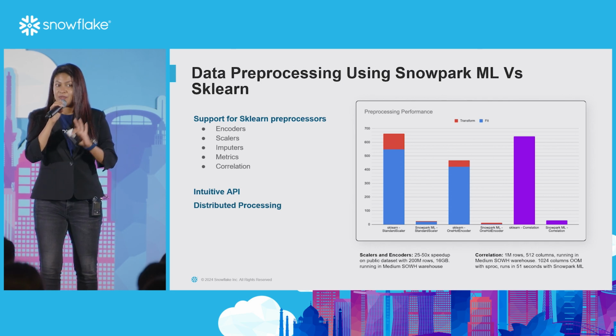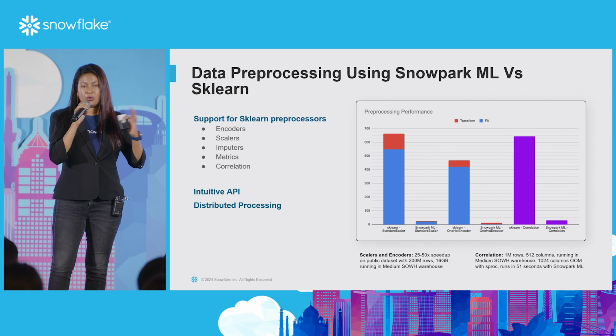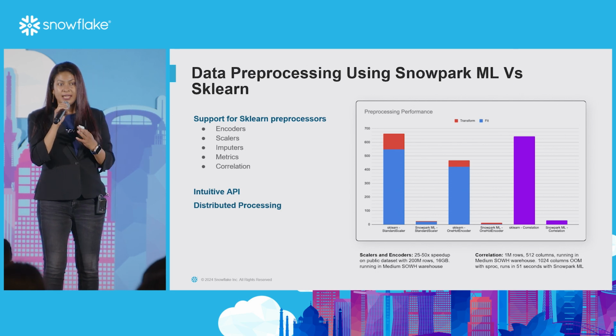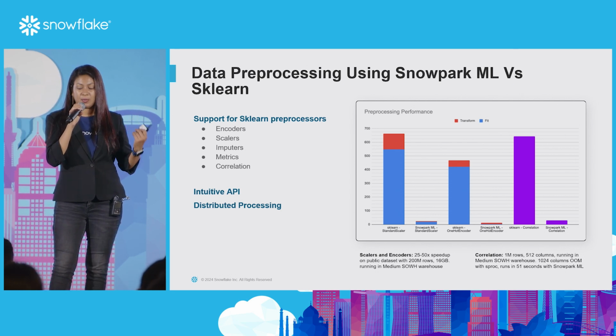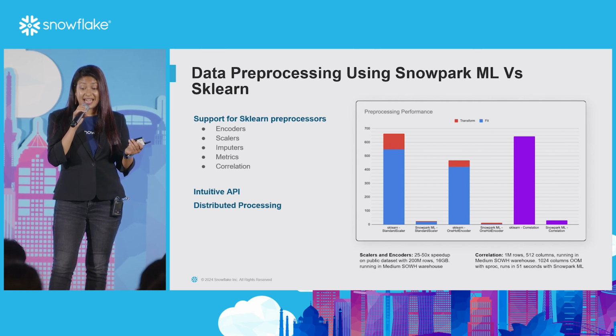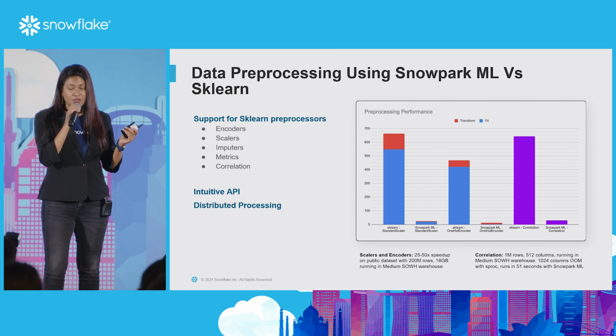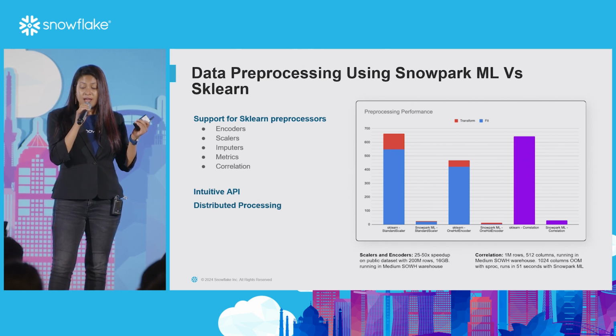Remember, we are running it inside Snowflake, so there is no data transfer time. The time is similar for both experiments. And here you can see, if I'm running it with scikit-learn, the transform and the fit operation take much, much higher time than when I use Snowpark ML, which is the second bar graph from the left side.